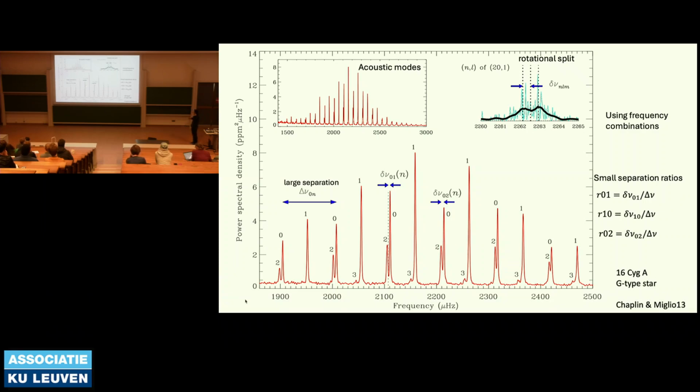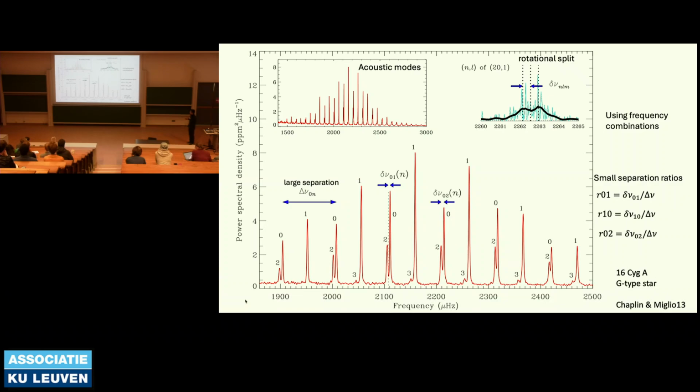Usually people define the small separation ratios, like the small separation divided by the large separation, to get rid of all this global surface parameter effect. I use these ratios like R01, R10, or R02. This kind of ratio can be used to infer the interior, especially the core properties.